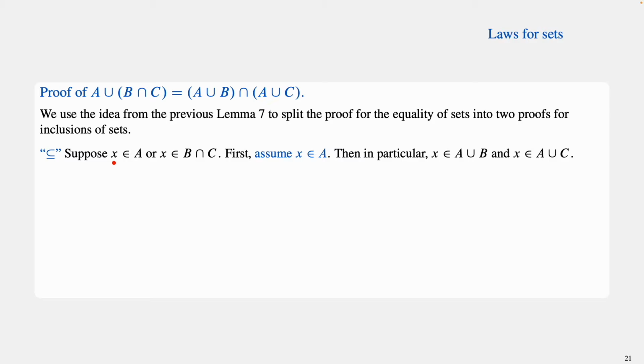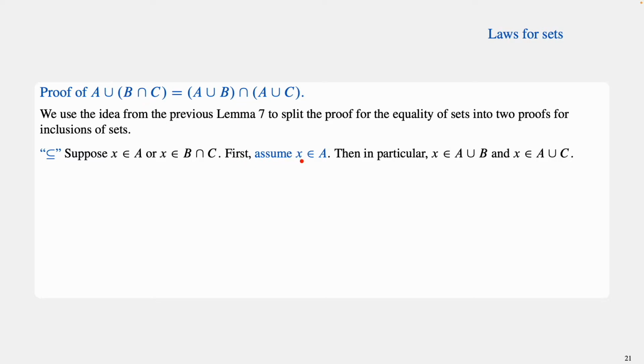So an element X is contained here if X is in A, or X is contained in the intersection of B and C. So one of these must be true if X is an element here.